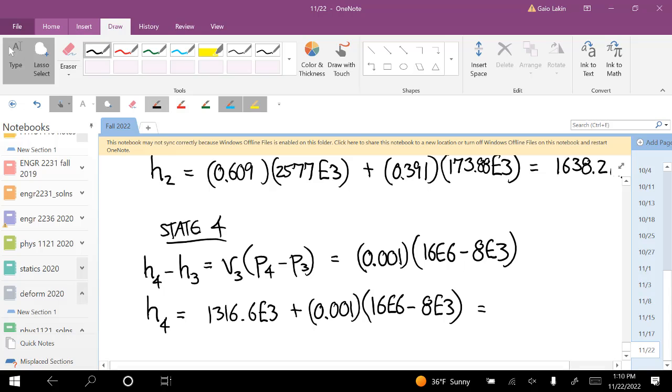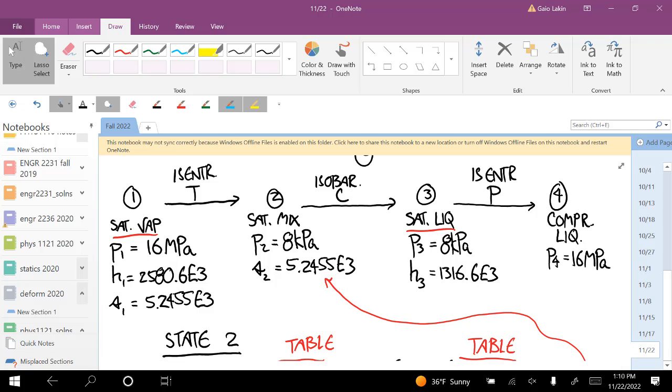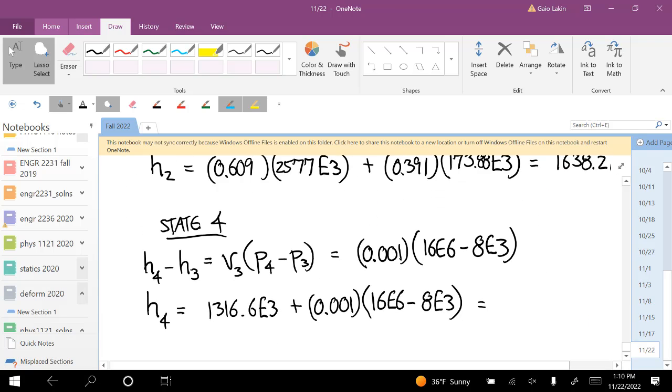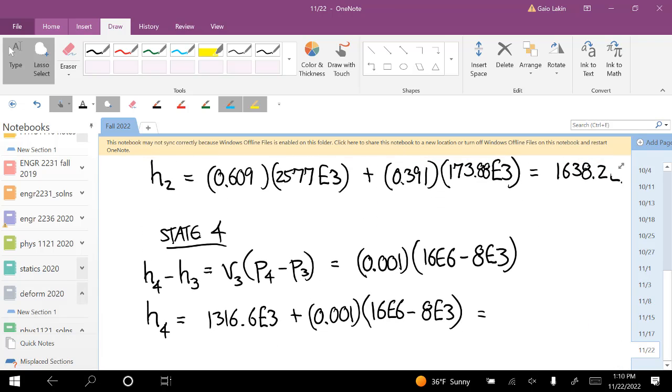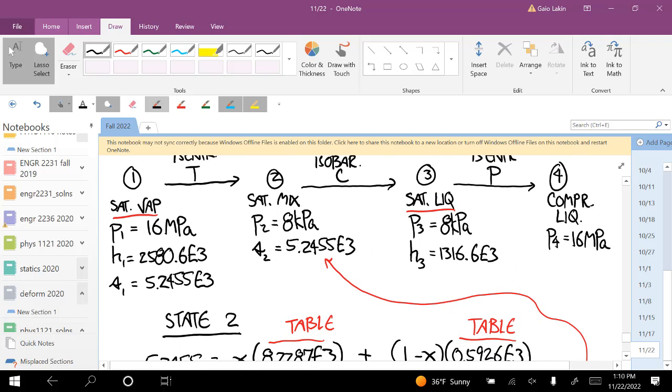So for this, I get one. Oh, I think I see. Didn't we skip state 3? Because what we calculated prior to that was state 4. We wanted the H3 value, and you're using the H, right? We're trying to calculate H4. We already looked up H3 because that's a saturated liquid.